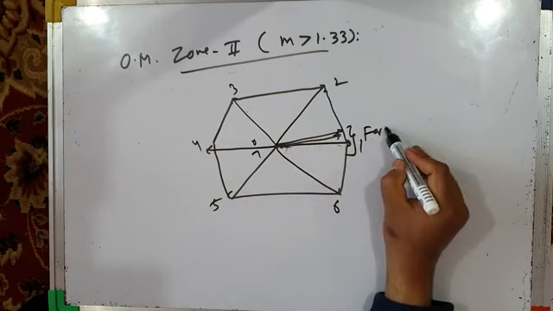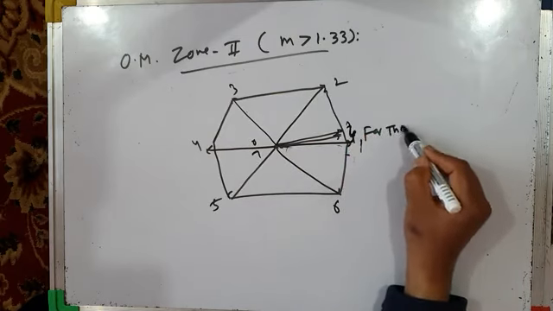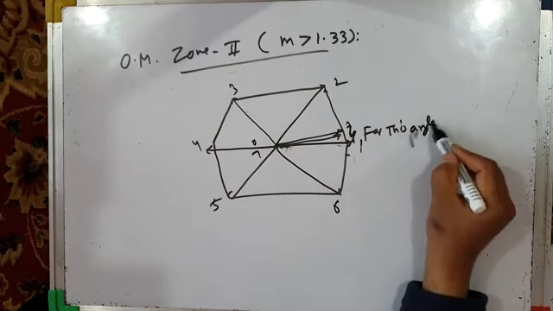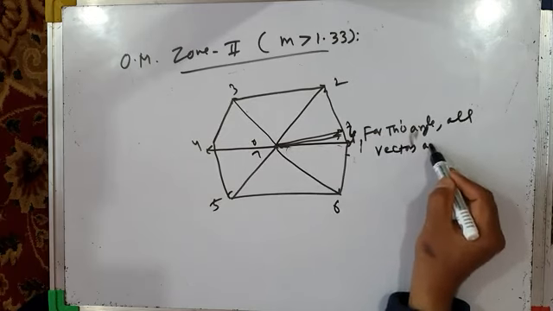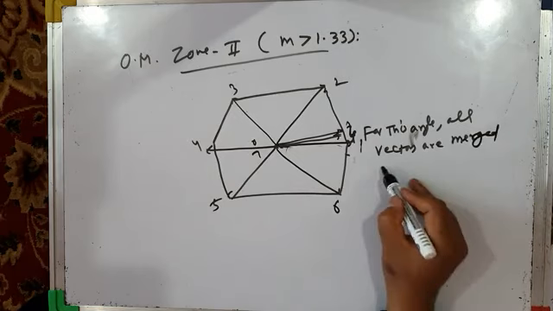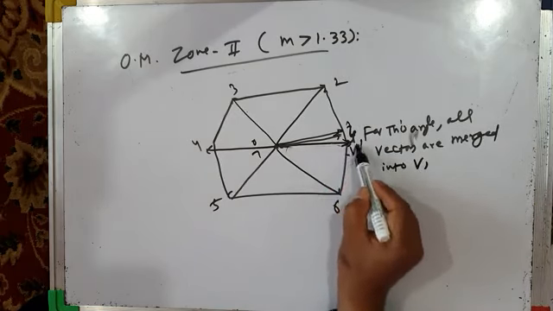I will write here, for this period or for this angle, all vectors are merged into V1. So that means effectively only V1 is applied.